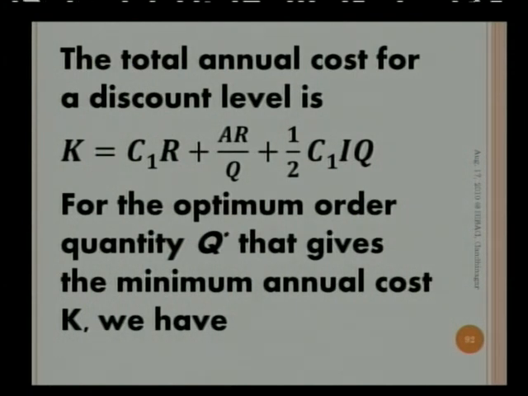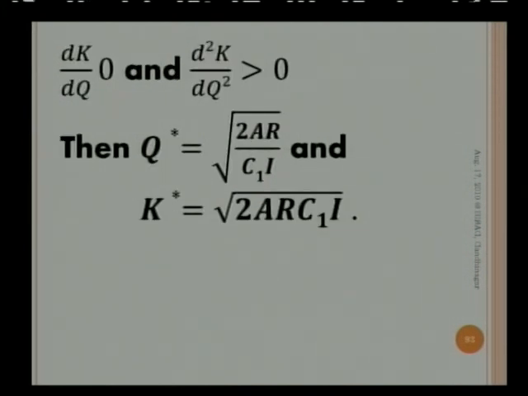For the optimal order quantity Q star that gives the minimum annual cost K, we have the derivative of K with respect to Q equal to 0. That is what we were following. And the second derivative should be greater than 0, because our aim was to minimize the total cost.